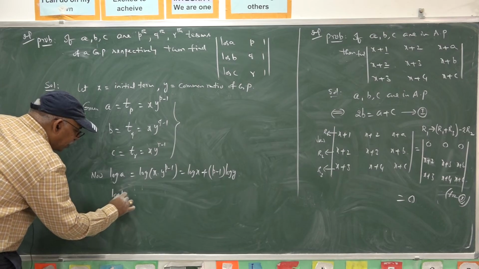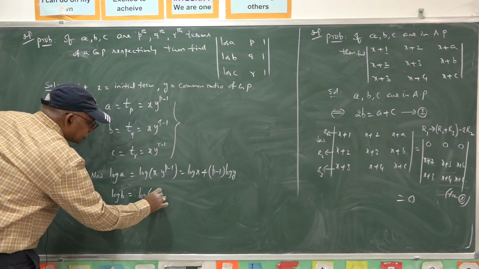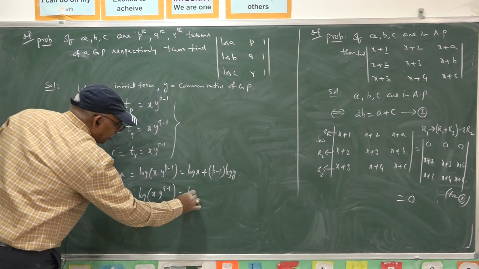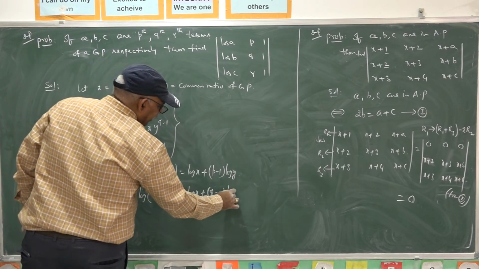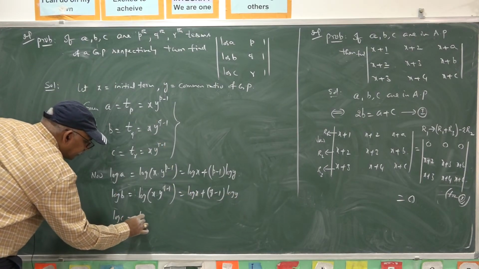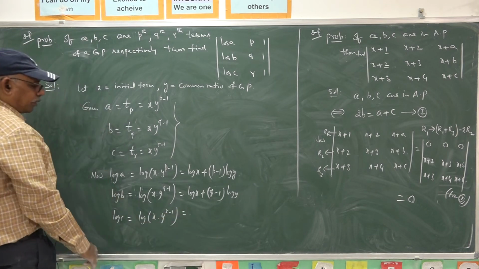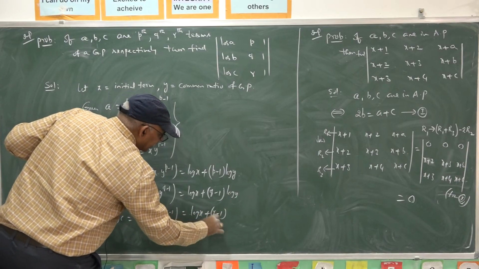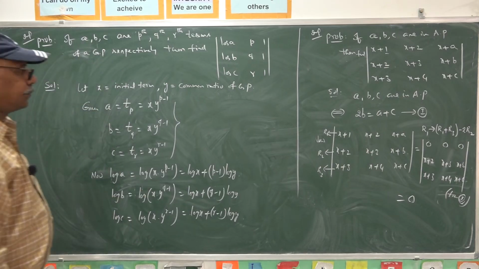That is log A. Similarly, log B to the base e is log X plus q minus 1 log Y, and log C equals log of X into Y power r minus 1, which is log X plus r minus 1 into log Y. These are log A, log B, log C.